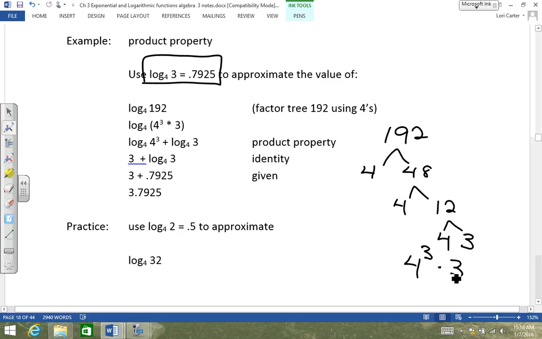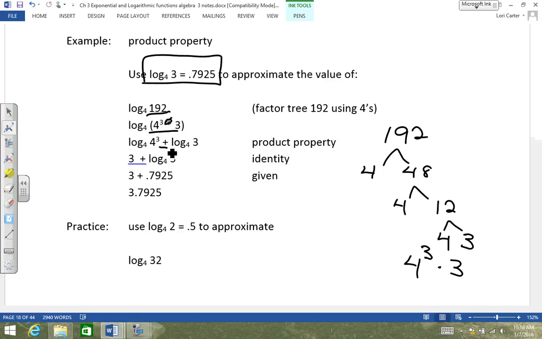Good so far. All right. So I'm going to replace 192 with 4 cubed times 3. What does multiplication mean? Addition. So now I have to change this multiplication into addition. So it's log base 4 of 4 cubed plus log base 4 of 3.